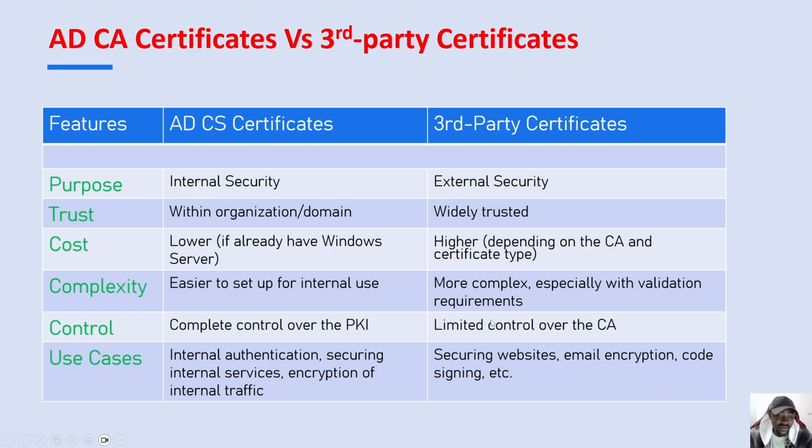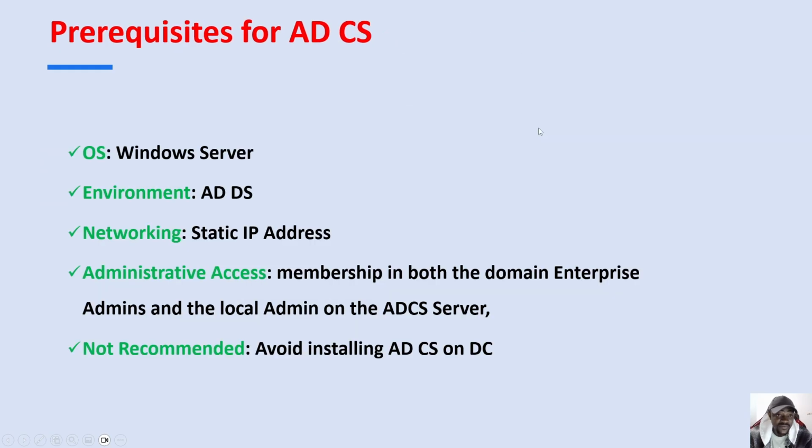For use cases, as we said, internal authentication, securing internal services, encryption of internal traffic. While with the third party, you can secure websites, email encryption, code signing, etc. So these are a little comparison of getting an ADCS certificate or a third-party certificate.